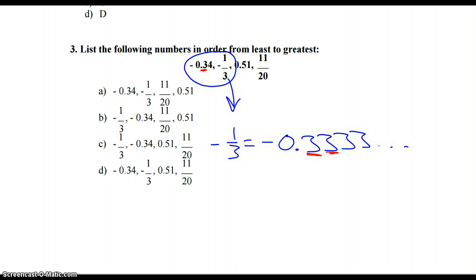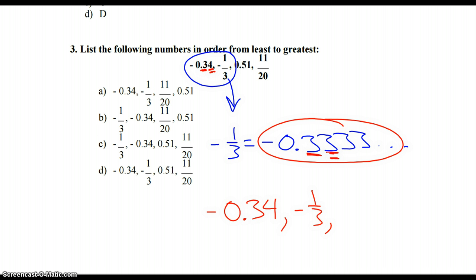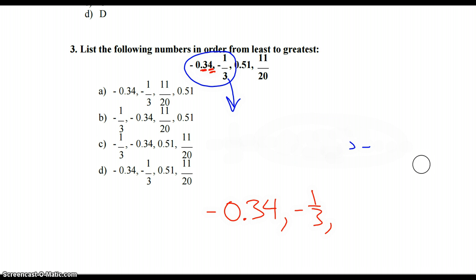Okay. Second digit, one has a 4. Well, that means that negative 0.34 is smaller than negative 1/3, because this one is closer to 0. It's closer to being positive. All right, so we would keep those in that order.